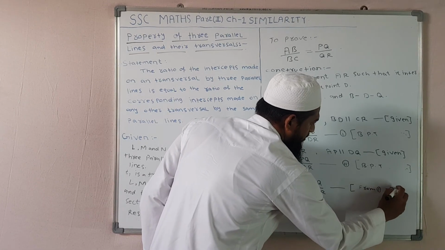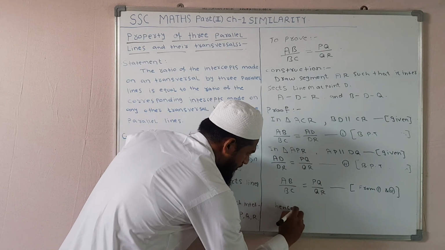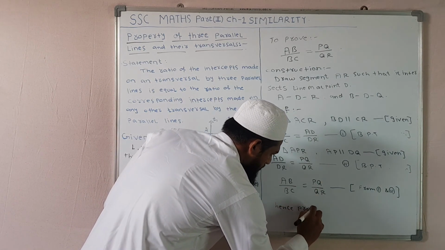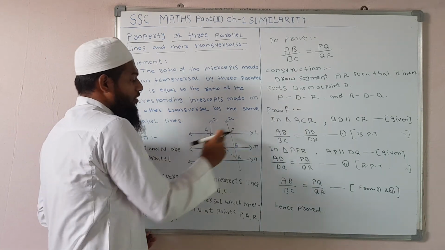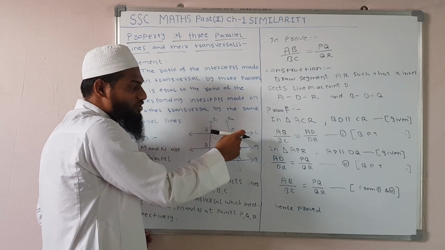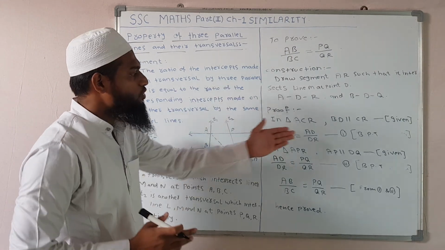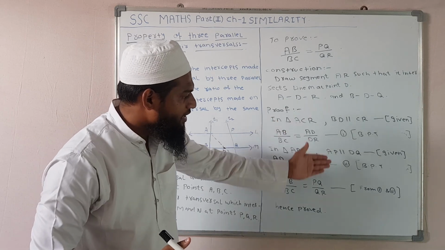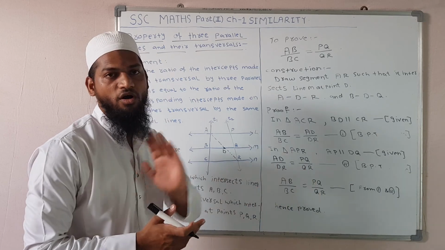Hence proved. What it means is that if the first is equal to the second and the second is equal to the third, then the third is equal to the first. So by equation number 1 and equation number 2, we can prove that AB upon BC is equal to PQ upon QR.